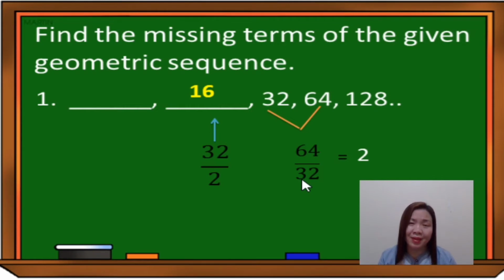Why? Because it's already stated in the problem that the given is a geometric sequence. So now to determine the first term, we just do 16 divided by 2, and the quotient, by the way, is 8.